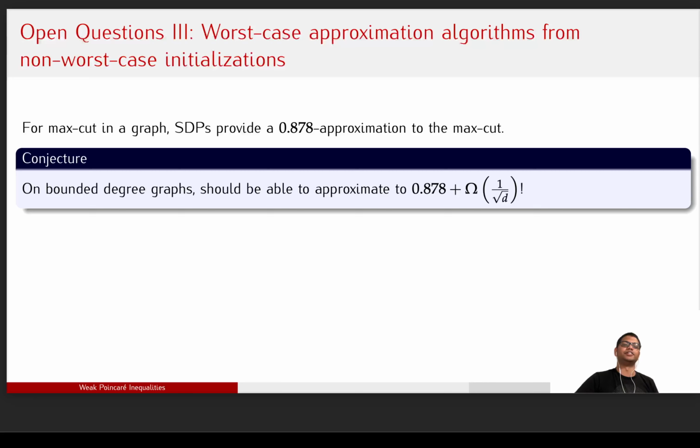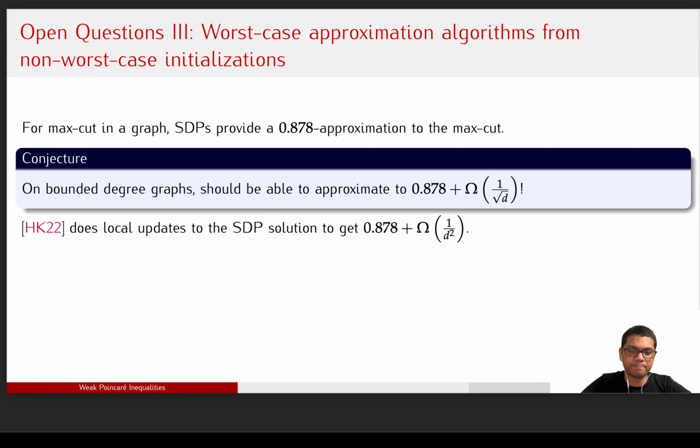And it is a conjecture that if you have a graph that is bounded degree, then one should be able to approximate the cut up to a 0.878 plus an additional 1 over square root d advantage factor. And in a recent work of Shea and Kothari, they proved that performing some kind of local updates to the solution you got from your SDP lets you get a 1 over d squared advantage.